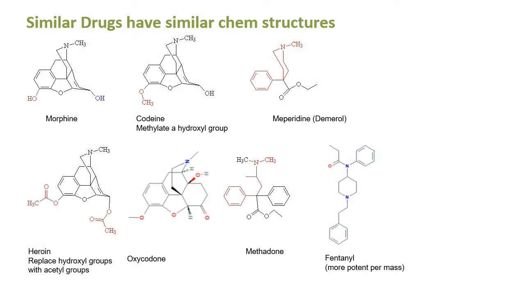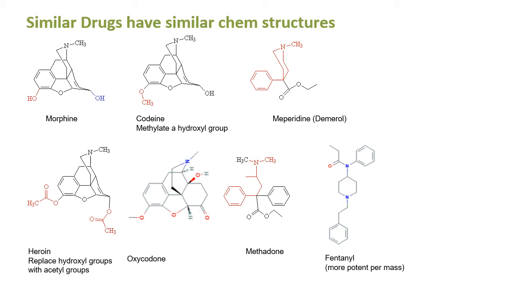So we see in general, this is a chemistry class, we're going to do a little bit of chemistry. One of the things is that similar drugs are going to have similar chemical structures. So when I find two drugs with a very similar chemical structure, I expect that they're going to have similar effects on the body. And that becomes helpful, especially when people create new designer and synthetic drugs.